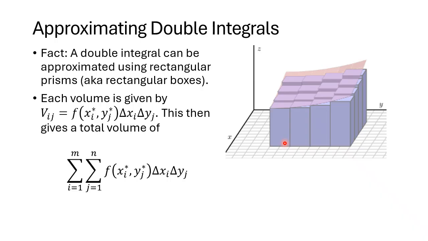And we're doing that for boxes spaced at either equal intervals or different intervals, but either way, we're splitting up the surface into these boxes, which we can calculate because it's just a reasonable geometric formula, and then we're taking the sum. So remember, these sigma signs mean we're summing these boxes.